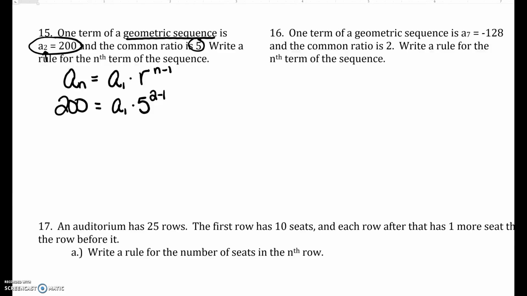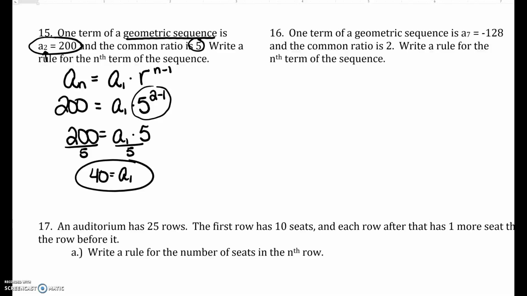Now do some math. 2 minus 1 is 1. 5 to the first is 5. 200 equals our first term times 5. Divide both sides by 5. Our first term is 40.